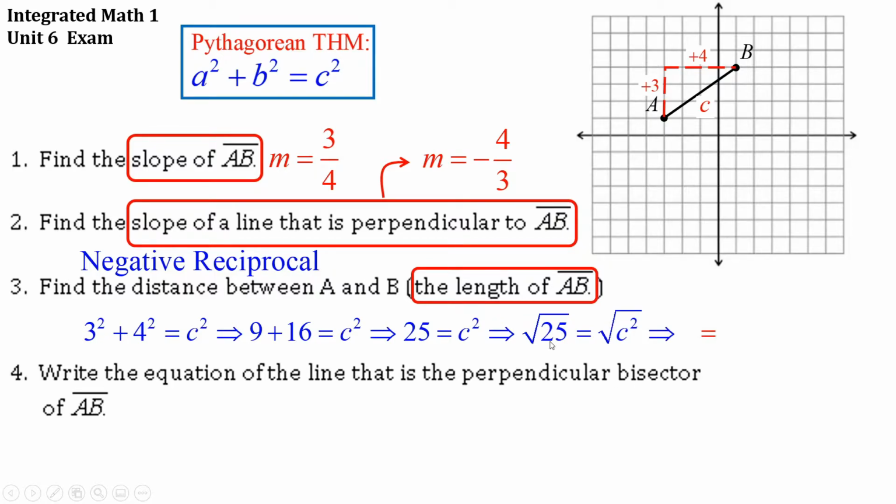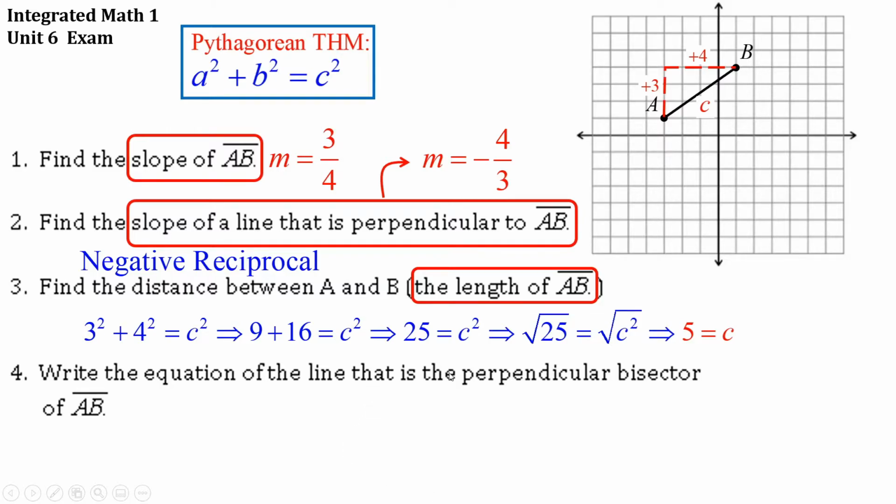So I think you all know that the square root of 25 is 5, because 5 times 5 is 25. But if you didn't, you could punch that out on your calculator. And the square root of c squared is just c. So the exact distance up here from A to B is 5 units.